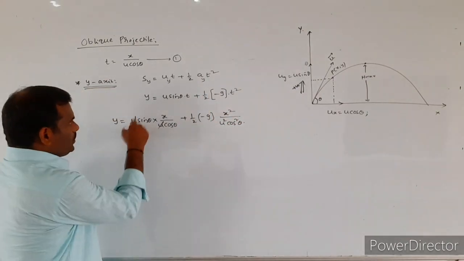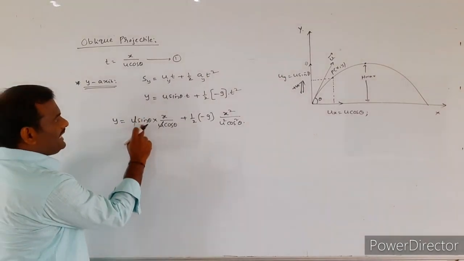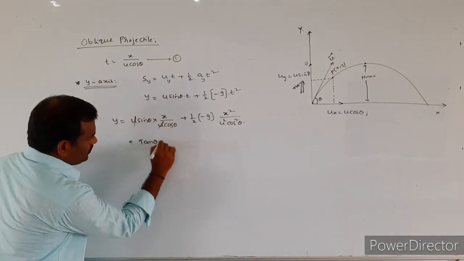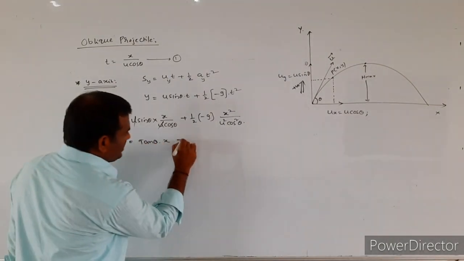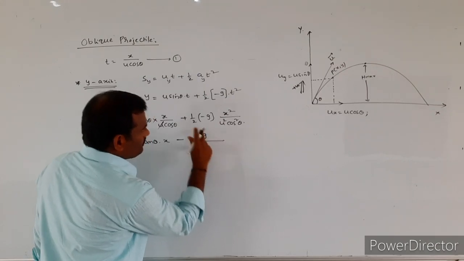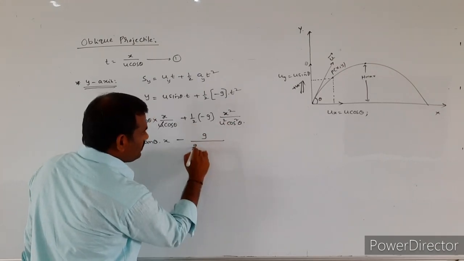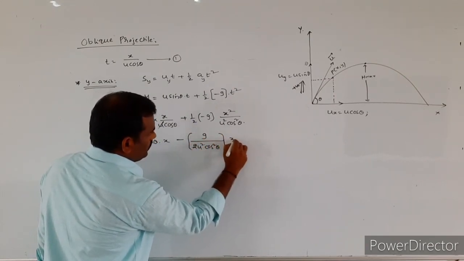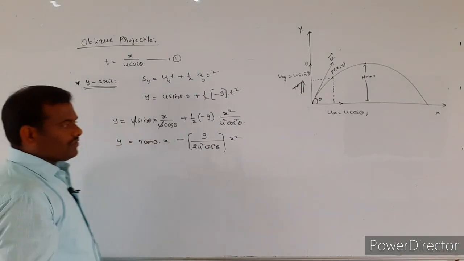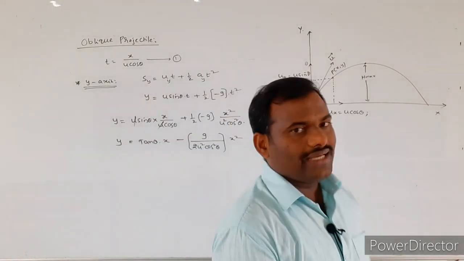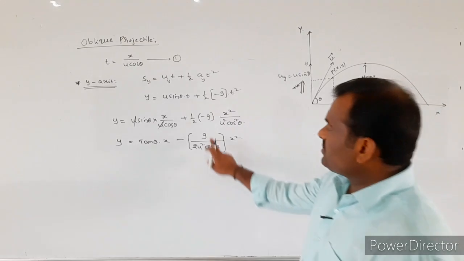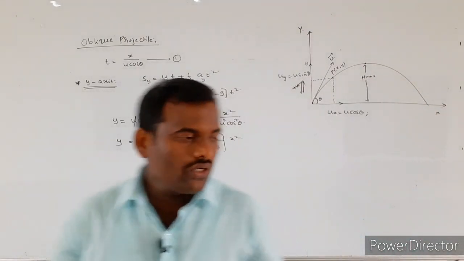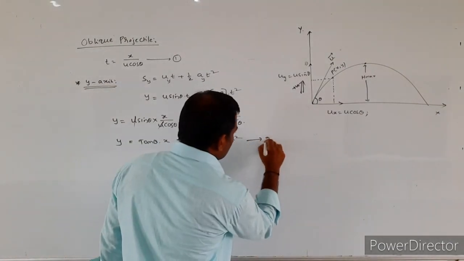Here u will get cancelled, and sin theta by cos theta is tan theta. Therefore, y is equal to tan theta into x minus g by 2u square cos square theta into x square. This is equation 2.